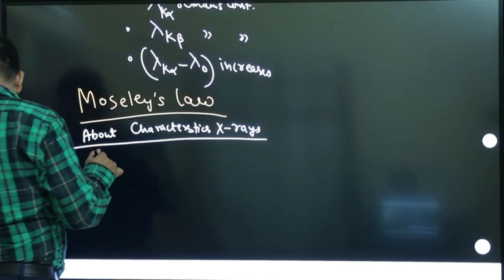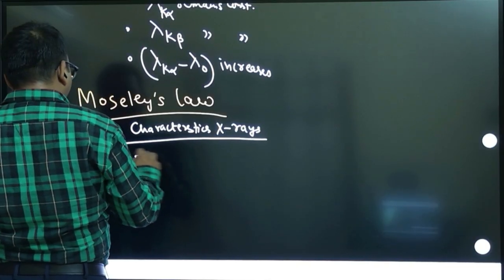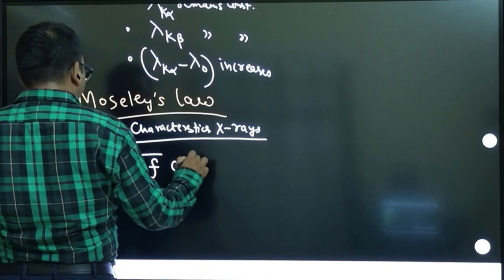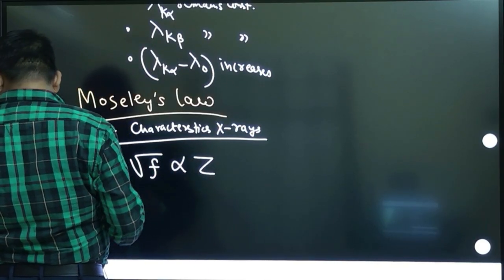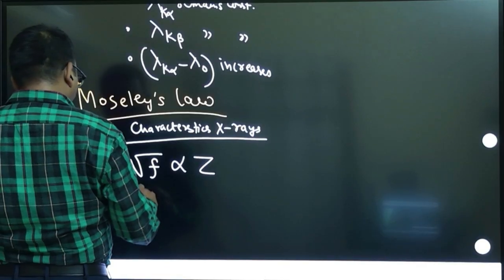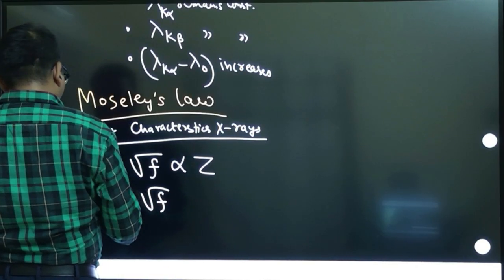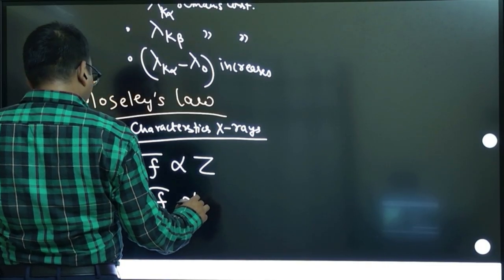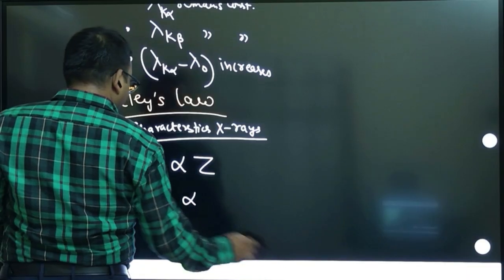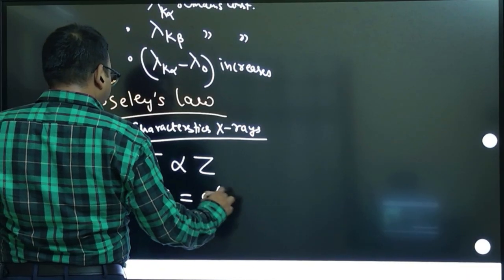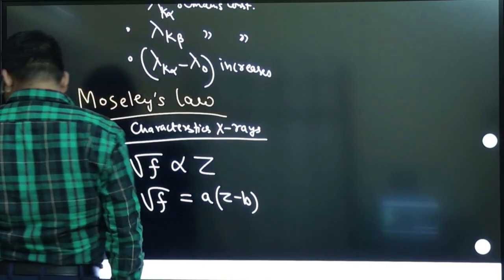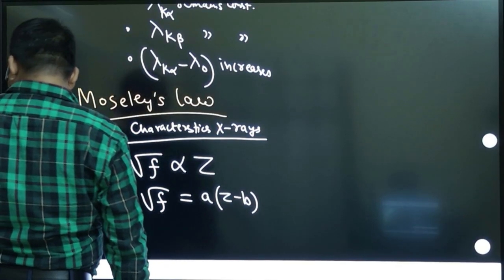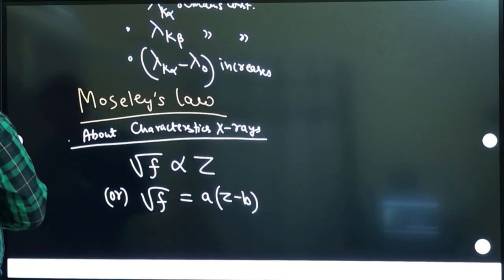So what they say is that the square root of the frequency is proportional to the target metal's atomic number Z, or it can also be written as proportional to Z minus b. So when you remove it, it will come as Z minus b, directly proportional to the atomic number of the target.